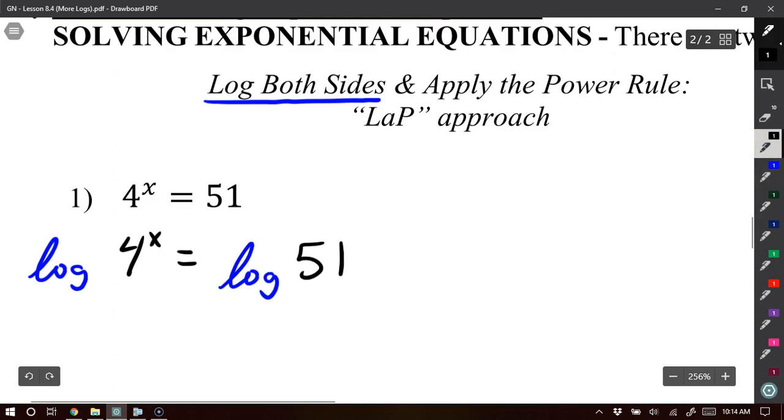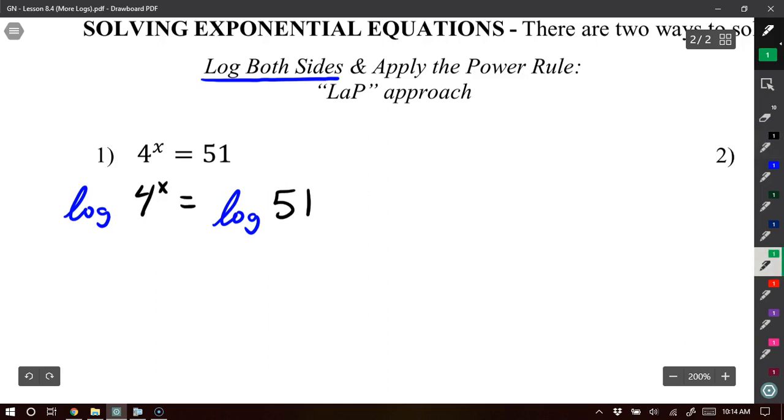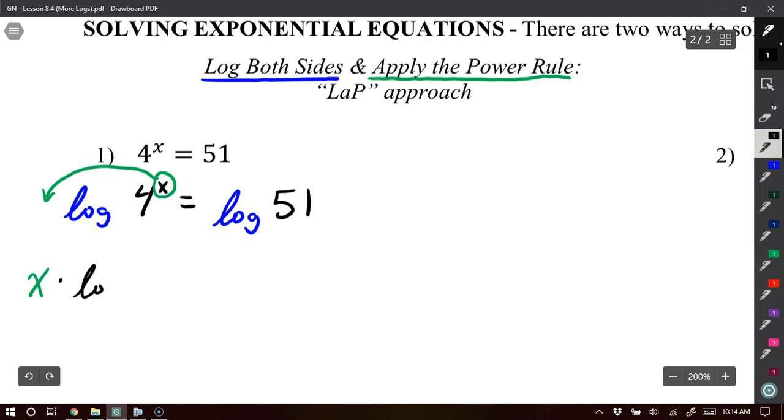You're going to log both sides. And then I'm going to apply the power rule. So that means I can take this exponent of x and bring it down in front. So it says x times the log of 4 equals the log of 51.